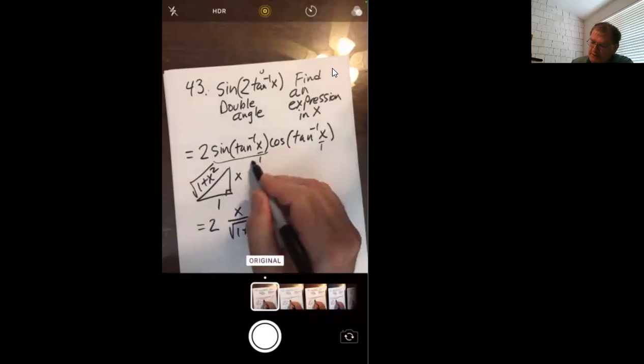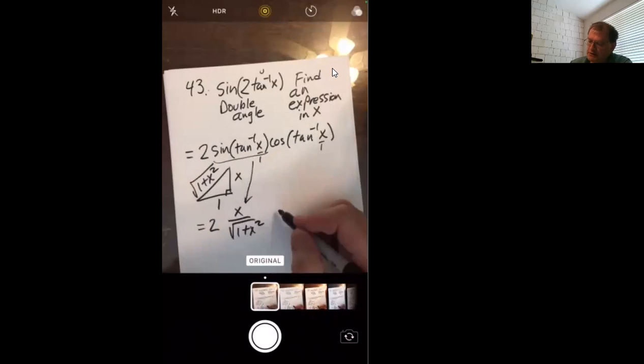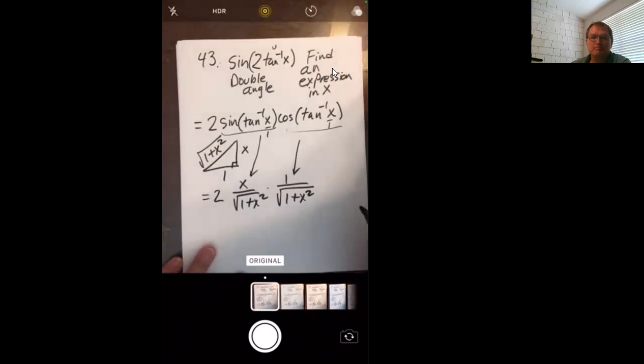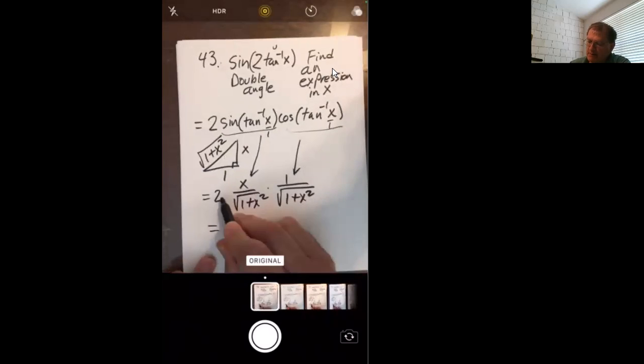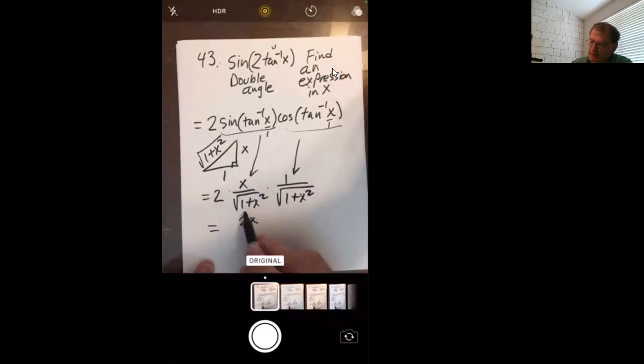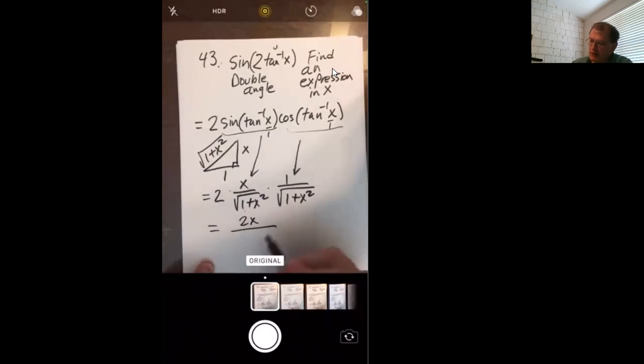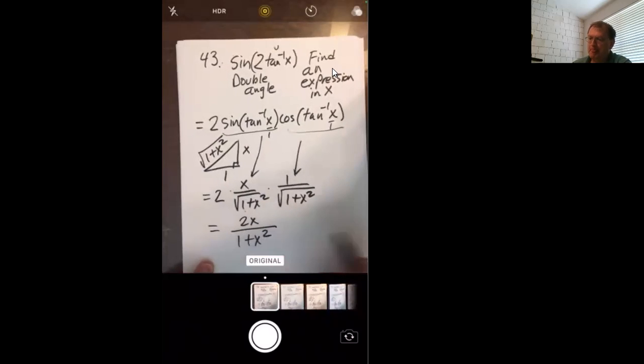This piece is this. And your cosine is 1 over the square root of 1 plus x squared. So this piece is this. And you're going to wind up with 2x on top. 2 times the x goes on top, and the square roots are identical, which takes away the root of 1 plus x squared.